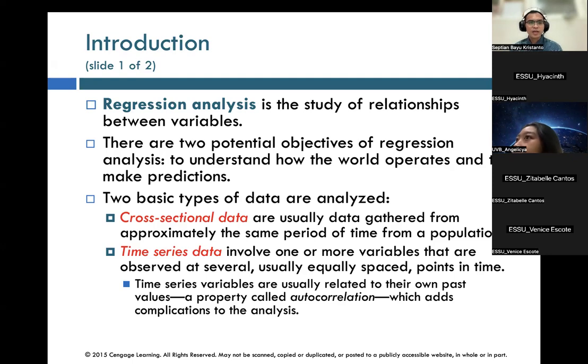In the other one, we need to learn about time series data. As the name suggests, the variables are observed at different points in time. They should be correlated with other years or other time indicators.